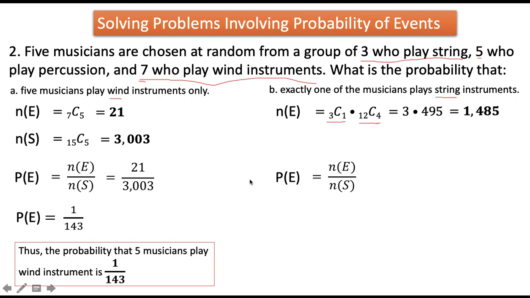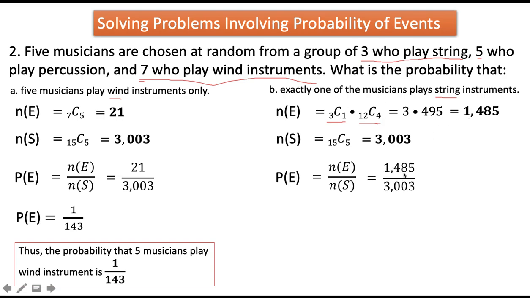But since we want to get the probability, we need to find the cardinality of the sample space. So that is 15 combination 5 because we have 15 players in all. 7 plus 3, that is 10, plus 5, 15. Then we want to form a group of 5, disregarding the instrument that they are playing. And that is 3003. Then get the probability of this event by taking the ratio.